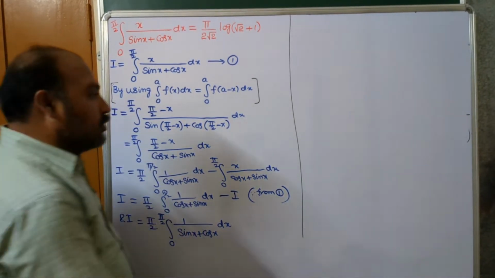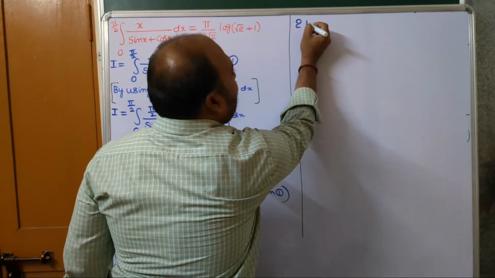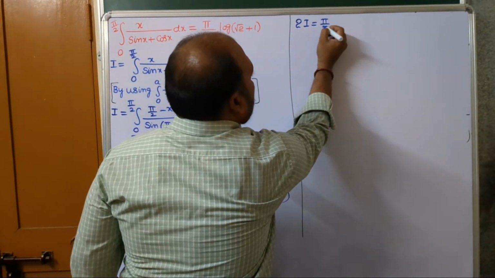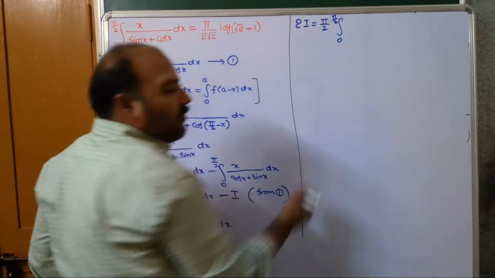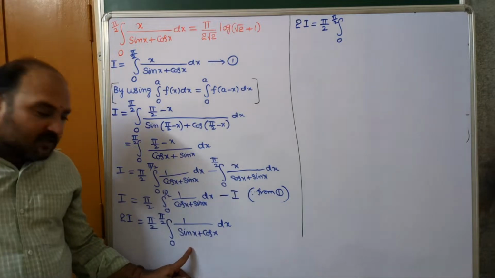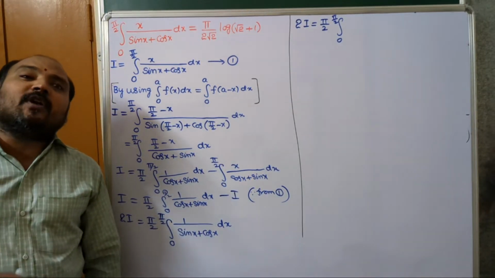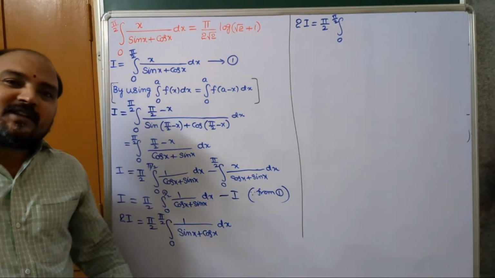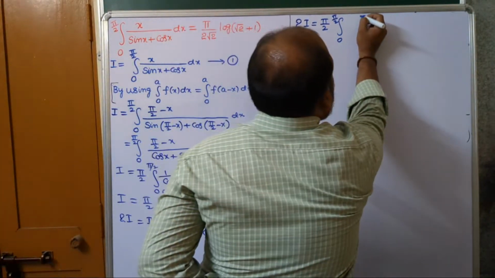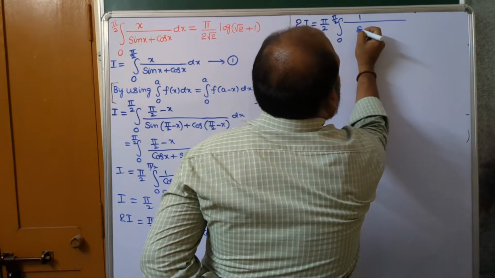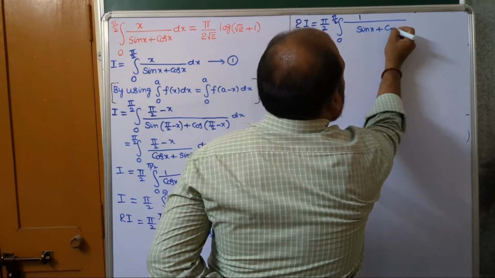That step I am going to do. 2I is equal to pi by 2 integral 0 to pi by 2. Generally what we will do from here onwards is apply sin x, cos x in terms of tan. Instead of that, I am going to use a different method. 1 by (sin x plus cos x).